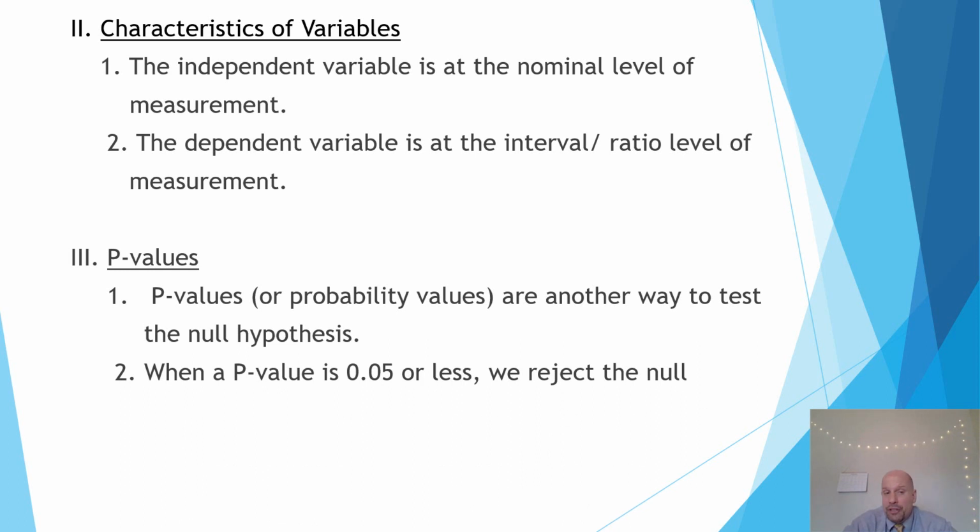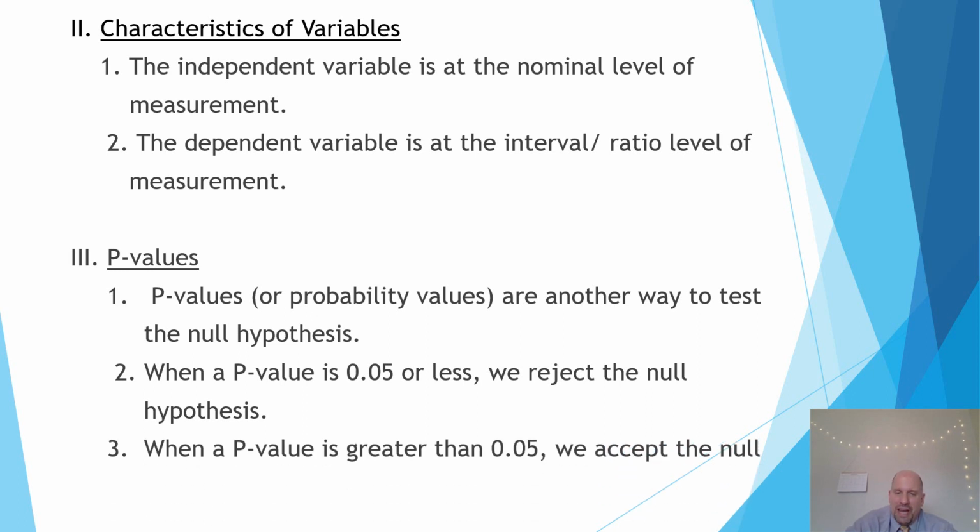When a p-value is 0.05 or less, we reject the null hypothesis. So I guess you can probably figure out what I'm going to say next, huh? Well, let's test your understanding.